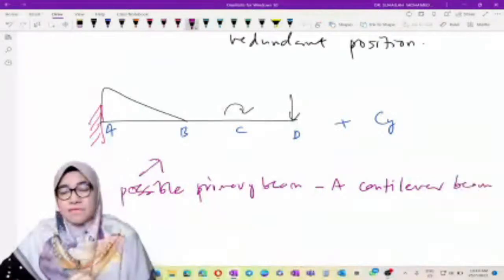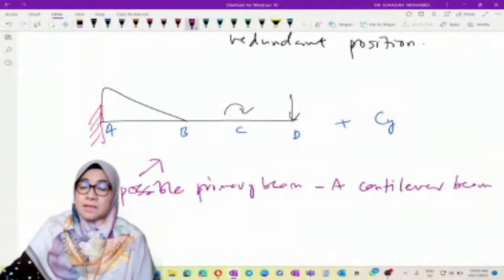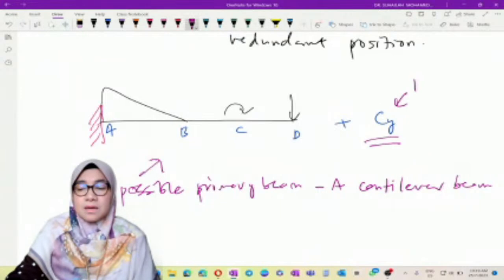For getting a cantilever beam, the redundant is CY.